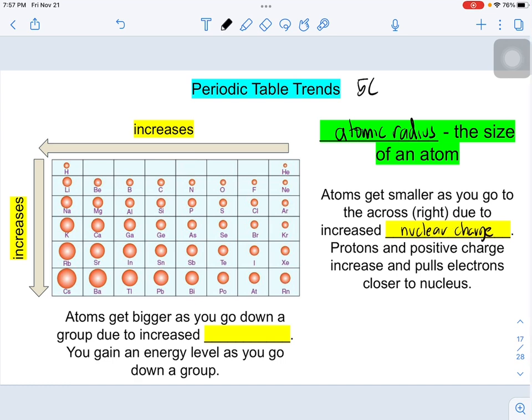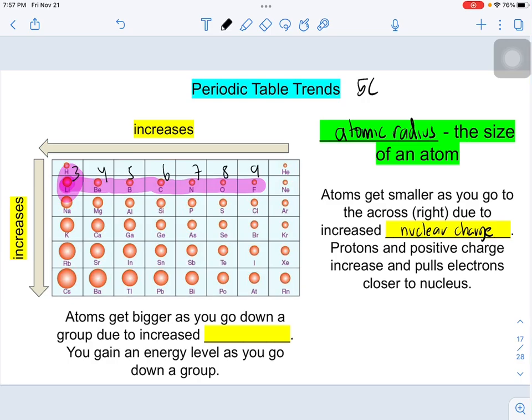So as we're going to the right, let's start with lithium. As I'm going from lithium to beryllium to boron to carbon to nitrogen to oxygen to fluorine, those atoms are gaining 1 proton. Remember, lithium has 3 protons, beryllium has 4, boron has 5, carbon 6, nitrogen 7, oxygen 8, and fluorine 9.